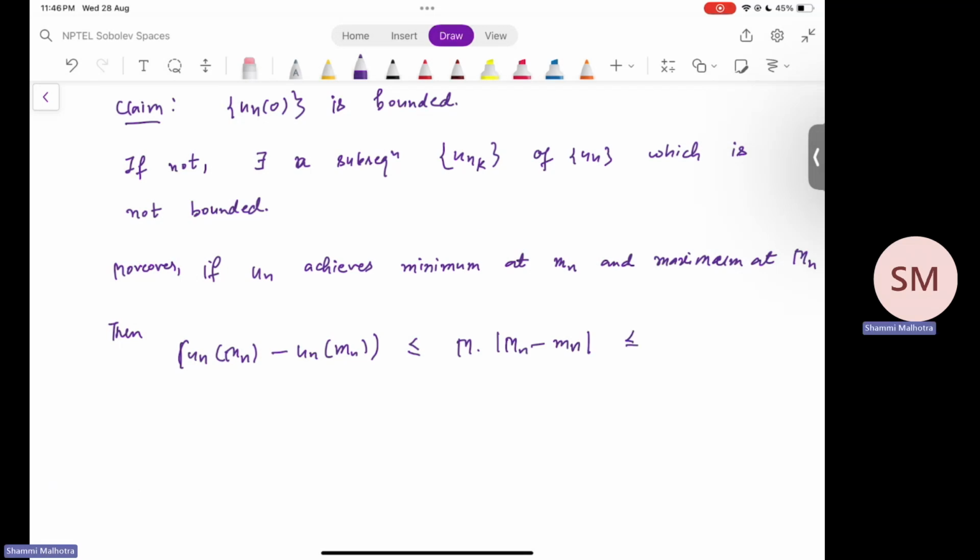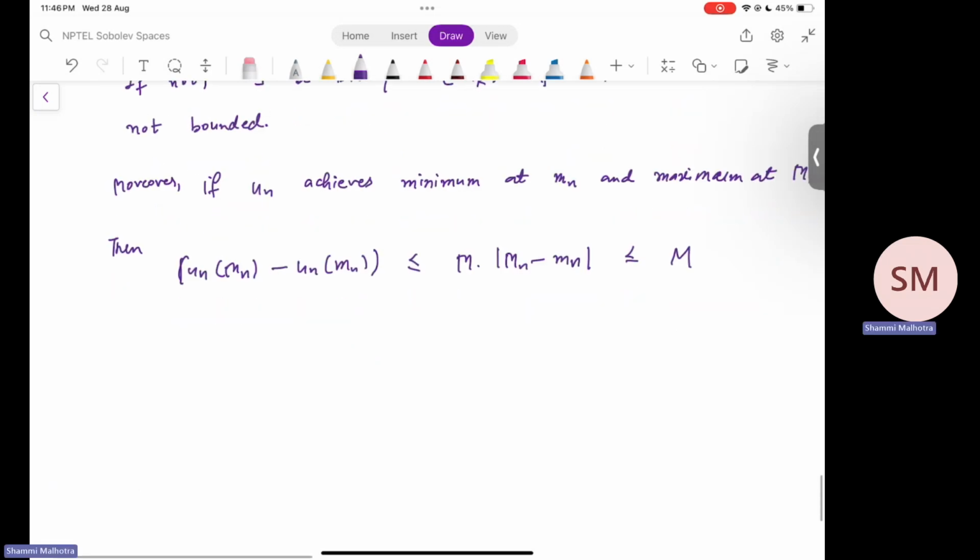And this is again less than or equal to M, because M_n and m_n lie in my open interval (0, 1). So ultimately the difference is uniformly bounded for each function u_n.